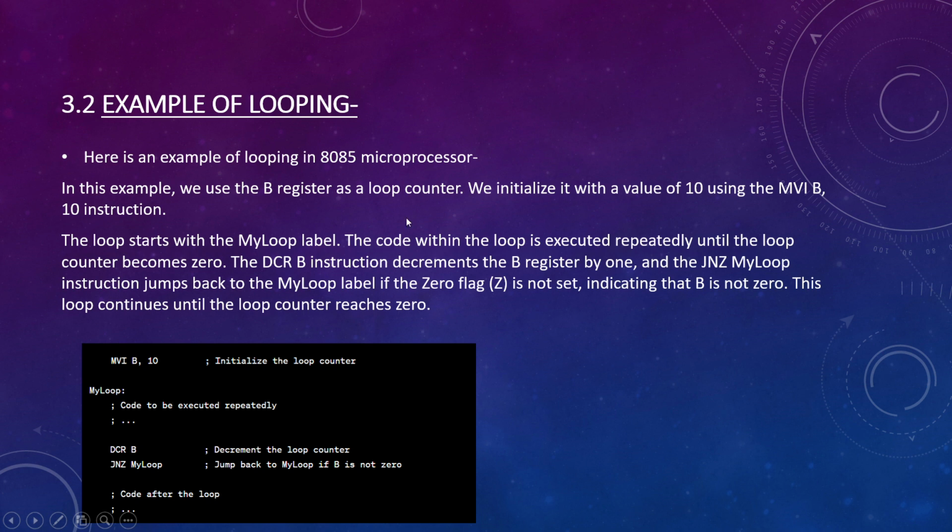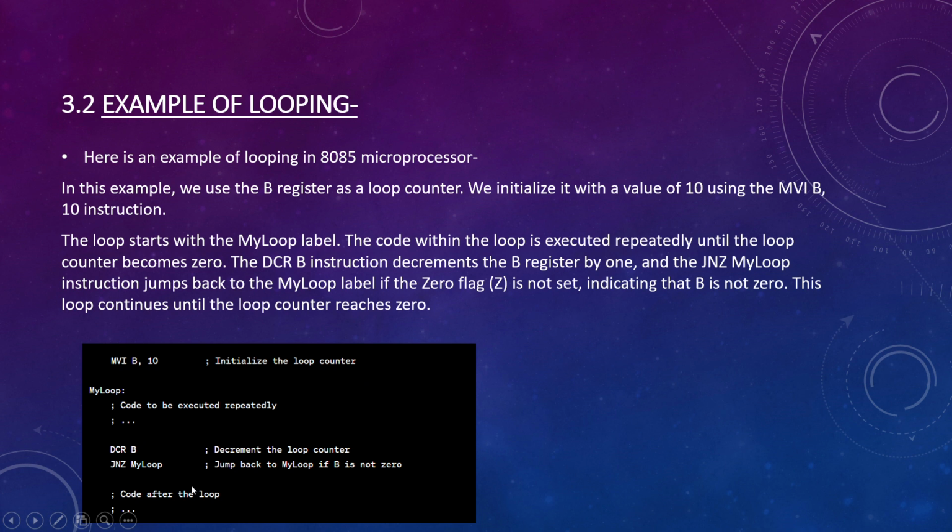The DCR B instruction decrements the B register by 1, and the JNZ instruction jumps back to the MYLOOP label if the zero flag Z is not set, indicating that B is not 0. This loop continues until the loop counter reaches 0.